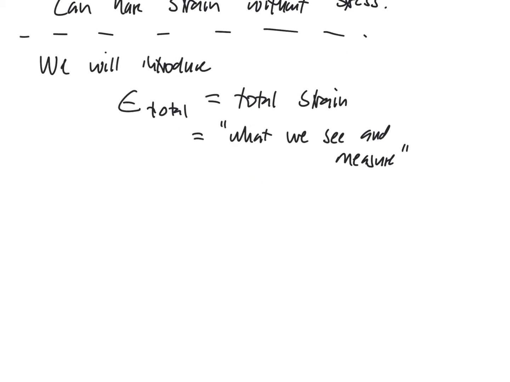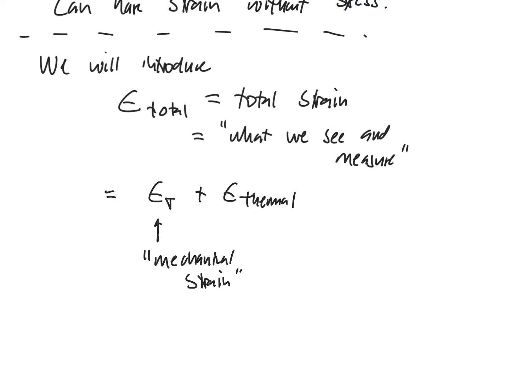And we break that total strain down then into two parts. So we'll write it like this: epsilon sigma plus epsilon thermal. Now this is frequently called mechanical strain. And remember on day one, when we introduced the meaning of the word mechanics, mechanics means response to force.